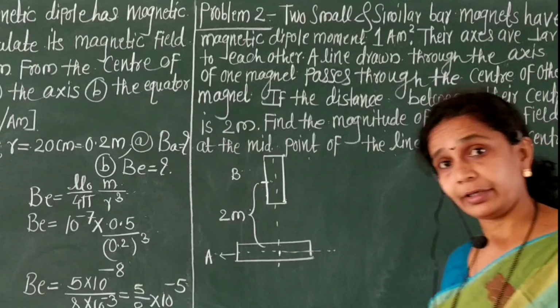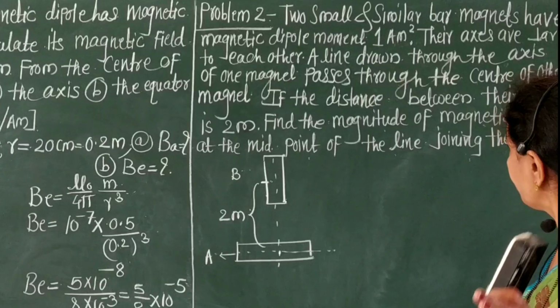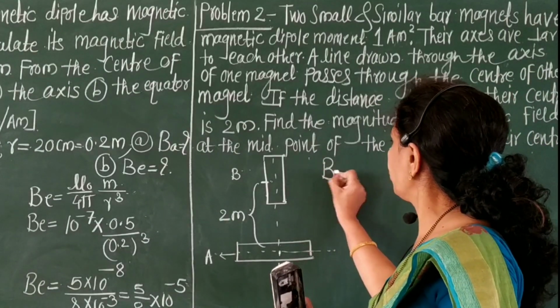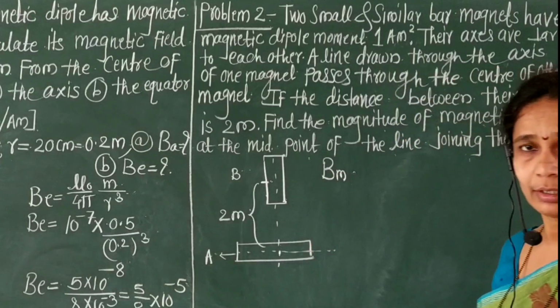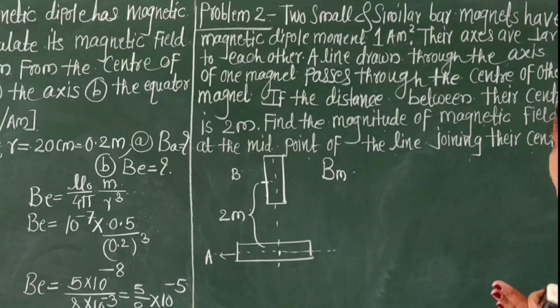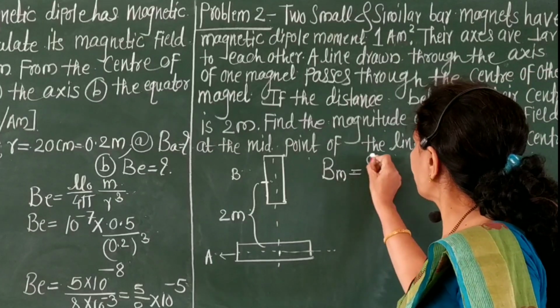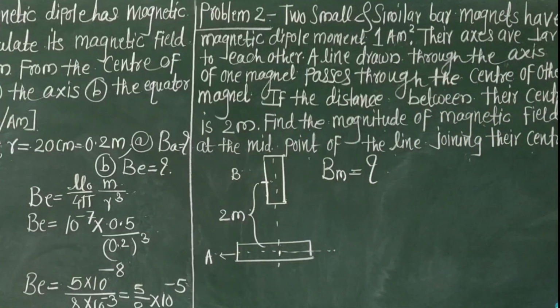We have to find out the magnetic field at the midpoint. Therefore, we have to calculate BM, let's say. BM means magnetic field at the midpoint of the line joining their centers. We have to calculate the value of BM.